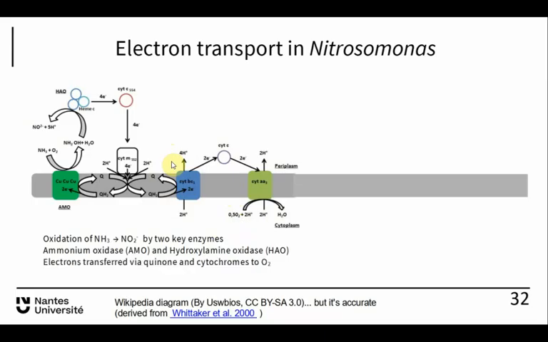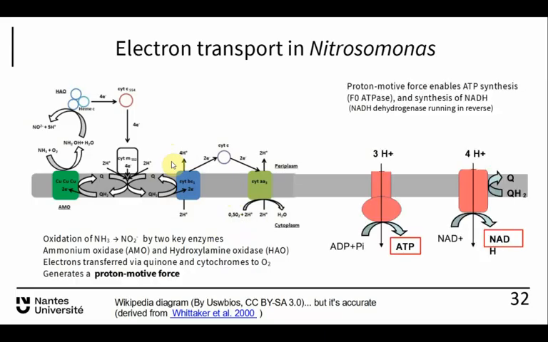And the proton motive force can be used for two things. One of them is to generate ATP with the proton-dependent ATPase, and also it can force the NADH dehydrogenase to work the other way around. This is what's called reverse electron transport.